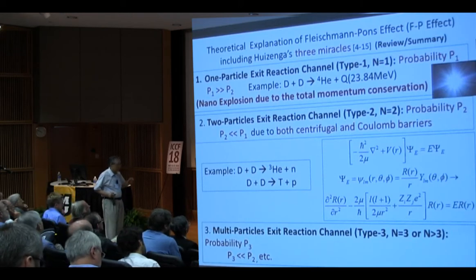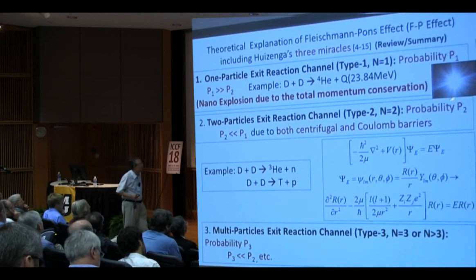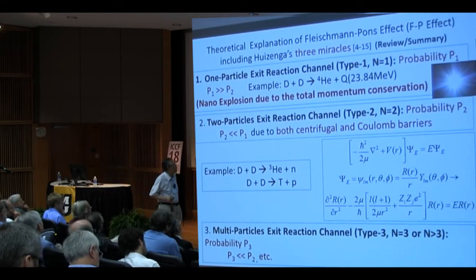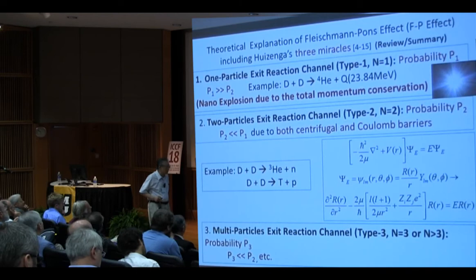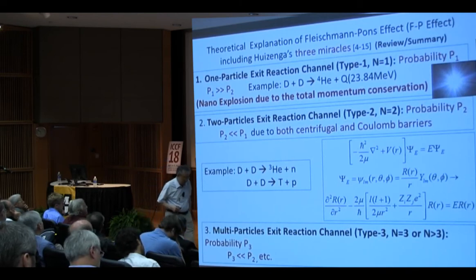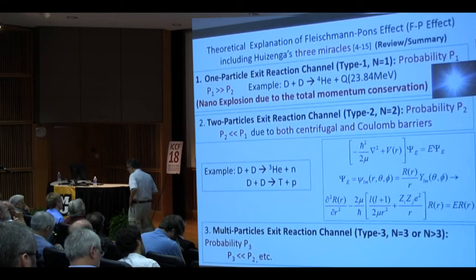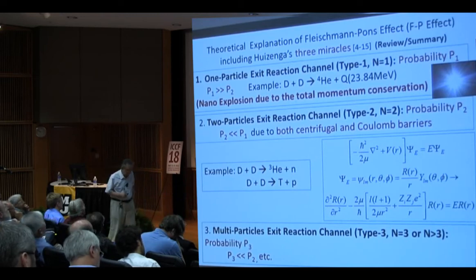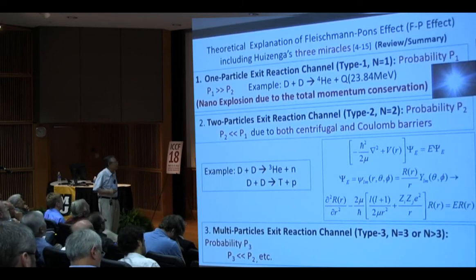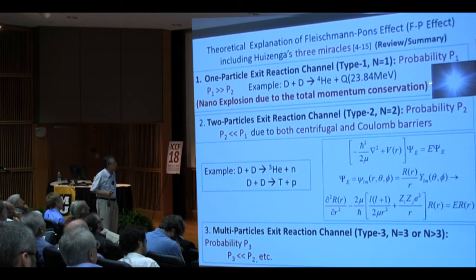Then that's one unit. The fusion, we have shown that the Coulomb barrier can be overcome if you have enough number of deuterium in a boson cluster state. So when you prepare many of them, there is a reaction rate.